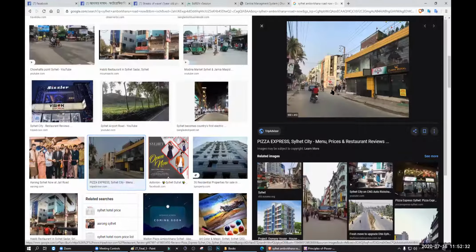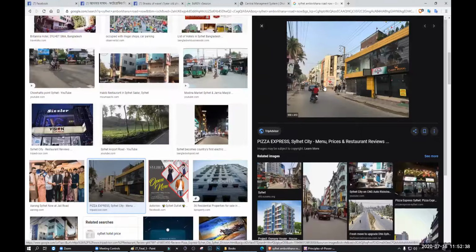This is a road in Sylhet. Those who have gone to Sylhet, you know it, right? There were a lot of cables, right? This is all overhead cable. Can you see that? Yes.